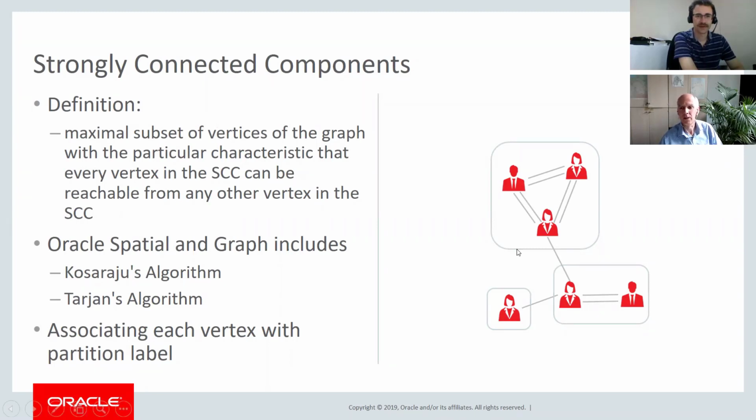And I've got a little sketch on the right-hand side here. I can see a community of 3, which is strongly connected. We have a community of 2 to the right, and the single lady on the lower left would also be a strongly connected component in its own right.